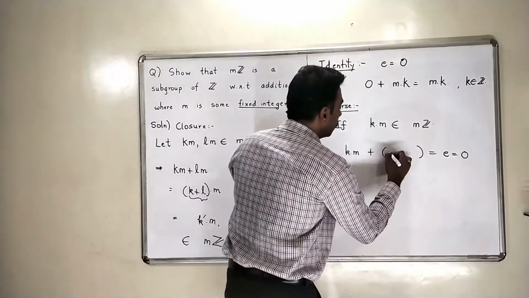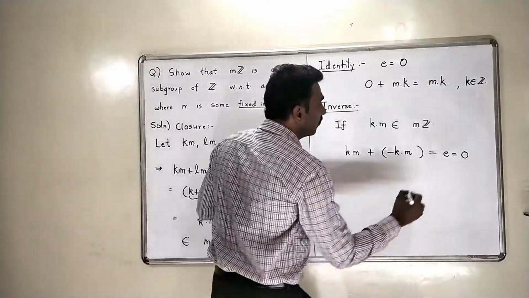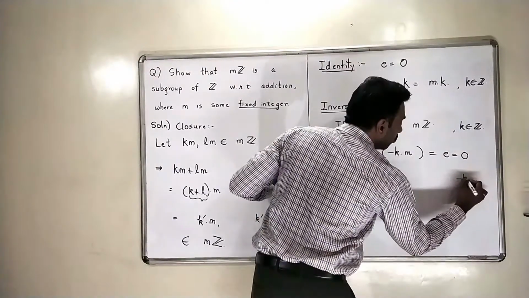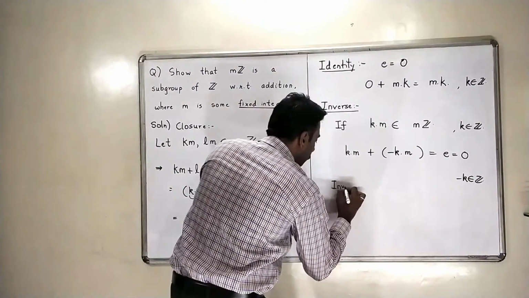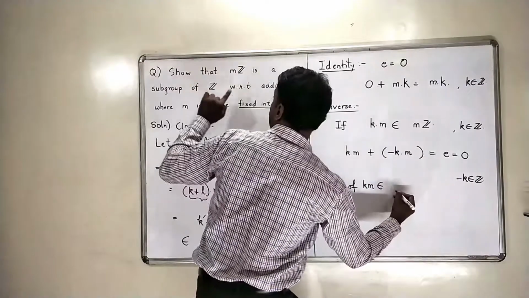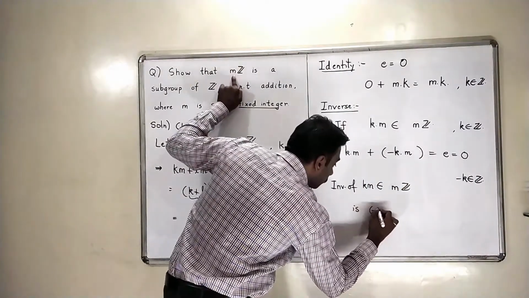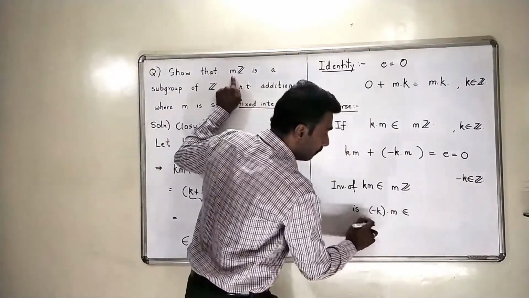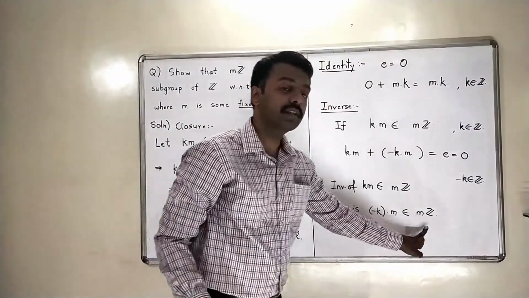I should obviously add minus k multiplied by m, right? So k is an integer, therefore minus k is also an integer. So who is the inverse of km? The inverse of km, which is in MZ, is minus k times m, which is also some multiple of m. So it belongs to MZ. So the inverse is also in the same set.